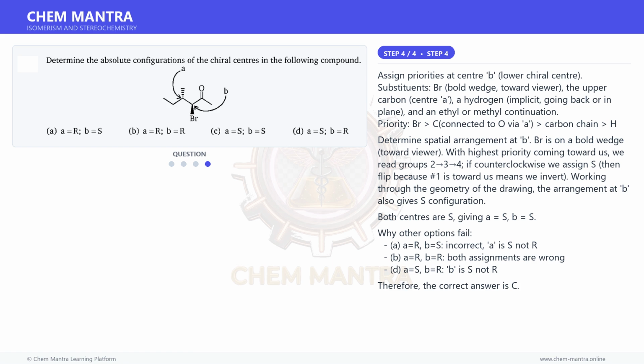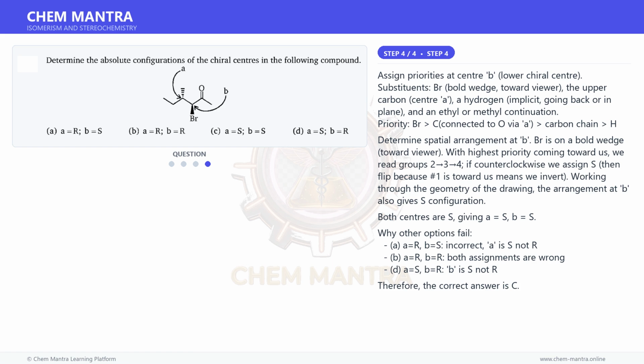With the highest priority coming toward us, we read groups 2, 3, 4. If counterclockwise we assign S, then flip because number 1 is toward us, which means we invert. Working through the geometry of the drawing, the arrangement at B also gives S configuration. Both centers are S, giving A is S, B is S.